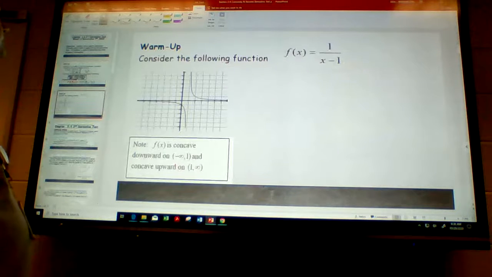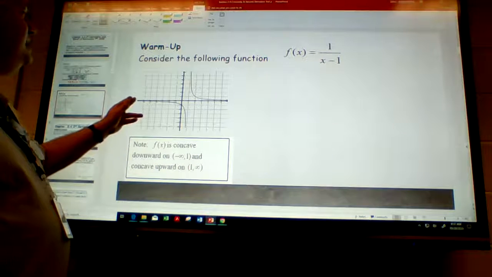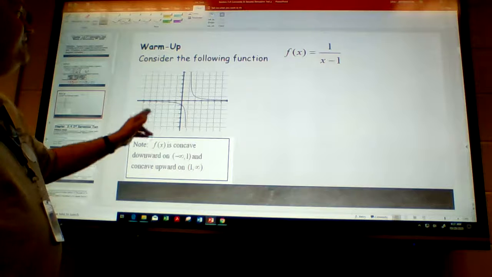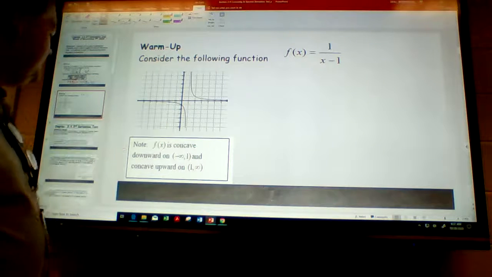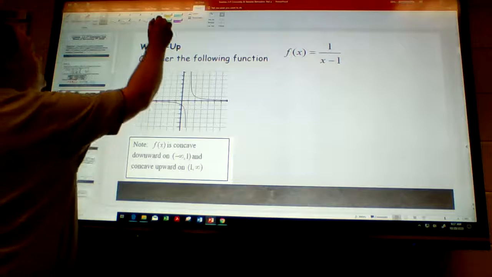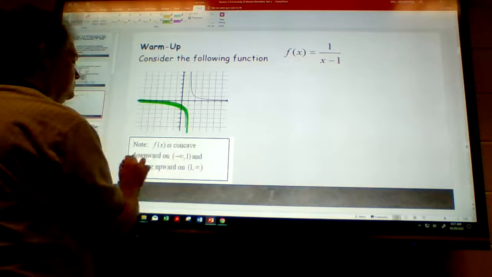Now, I want you to look at the following. We're not going to solve it or anything, but I want you to look at the concavity. If you look at it from negative infinity to 1, it's concave downward. When I say it's concave downward, that means it's facing downward.